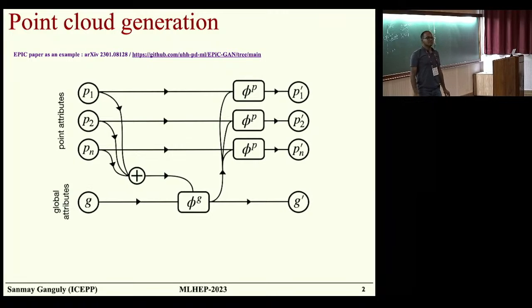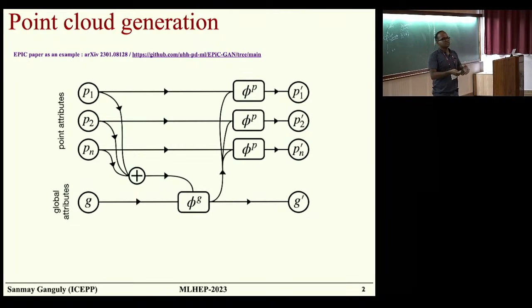So now that you have seen this kind of code a little bit, you can try, without looking into the GitHub implementation, writing a code of your own. It will have just two pieces of MLP, one phi P and one phi G, and that's it. It's very simple.